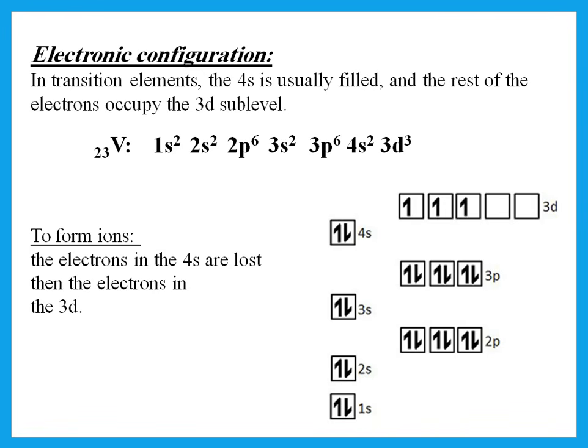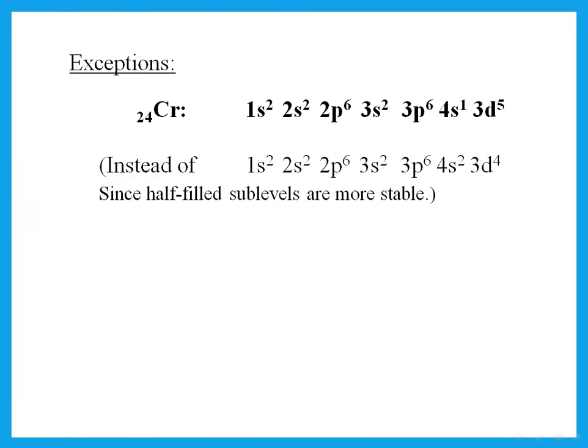But when we're trying to form ions, we need to remove electrons. We remove from the 4s first. Remember, the 4s is in the 4th energy level. So the electrons in the 4s are lost first, and then we remove electrons from the 3d in order to form the ions.